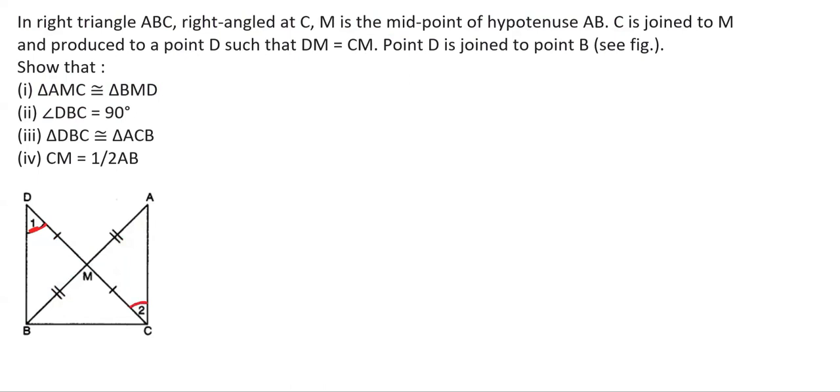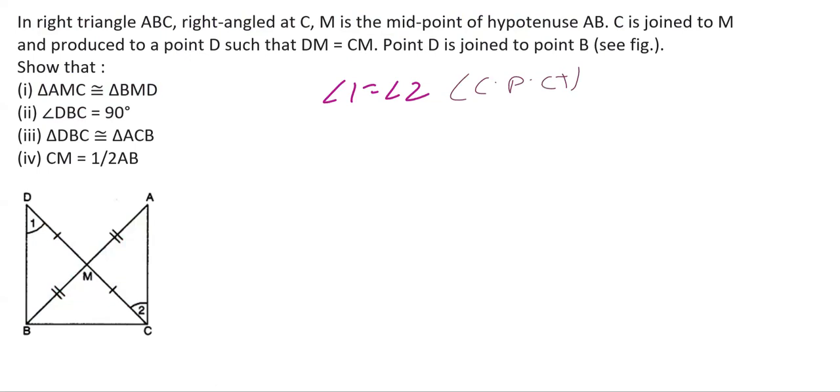Now, at this stage, many students think that from CPCT, this angle should be equal to this. Not exactly. When you look into this, A corresponds to B, and C corresponds to D. So from corresponding parts of congruent triangles, angle 1 is going to be equal to angle 2. Need to be clear. The reason, as I said, is CPCT.